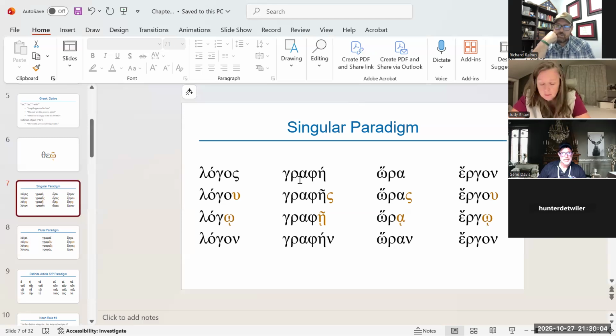Horas, what is the gender? That entire column is feminine. What is the case? Genitive. What is the number? Singular. Translate it for me. Of the hour.